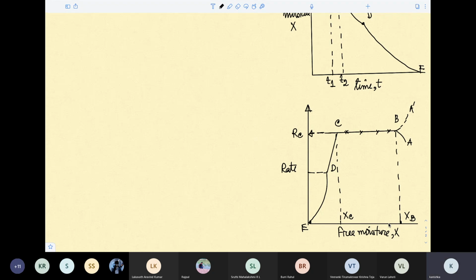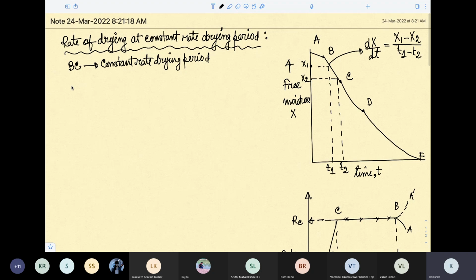Now, just recalling, free moisture X equals Xt minus X equilibrium. Free moisture is usually in kg H2O per kg dry solid, kg ds.